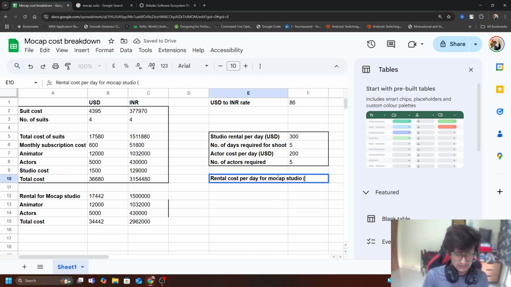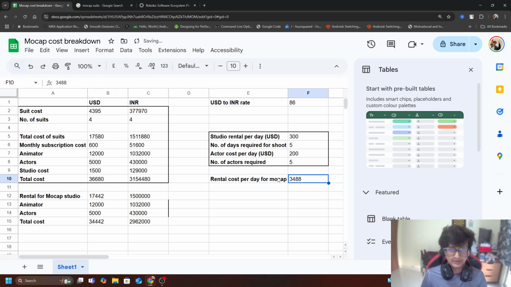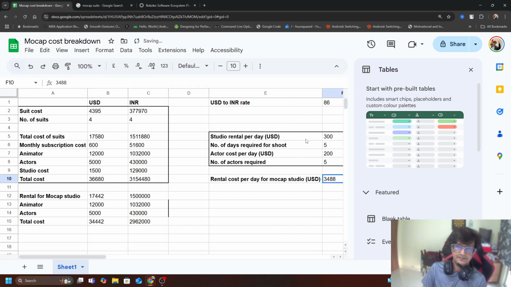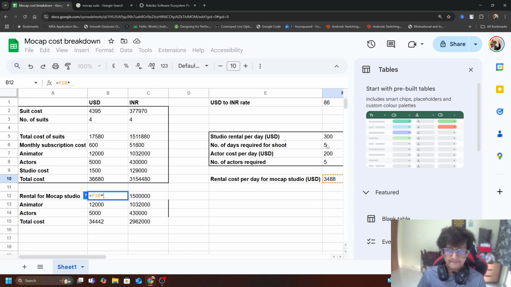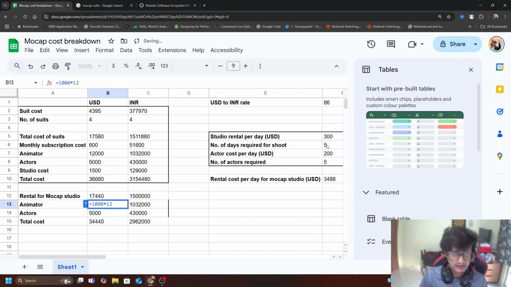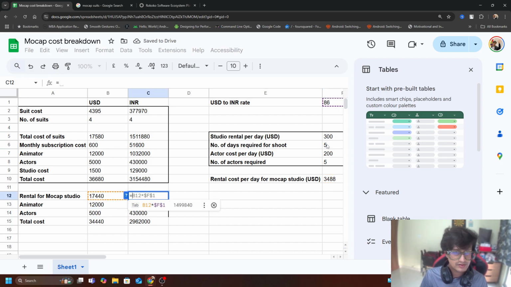Or we'll just write this down in INR. I just want to keep it consistent over there. So 3488. Okay. So this will be this multiplied by the number of days to shoot, right? Which means this multiplied by this, which is again around about 3 lakh rupees.